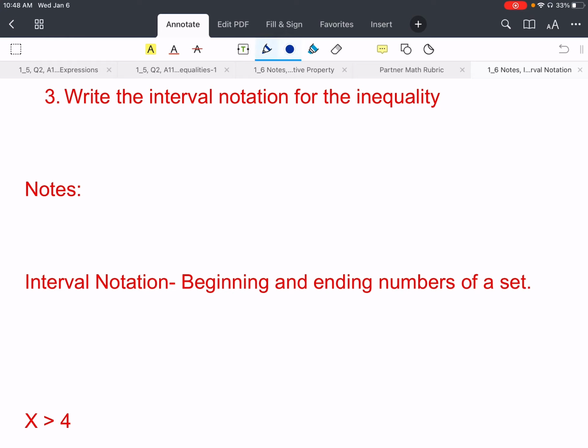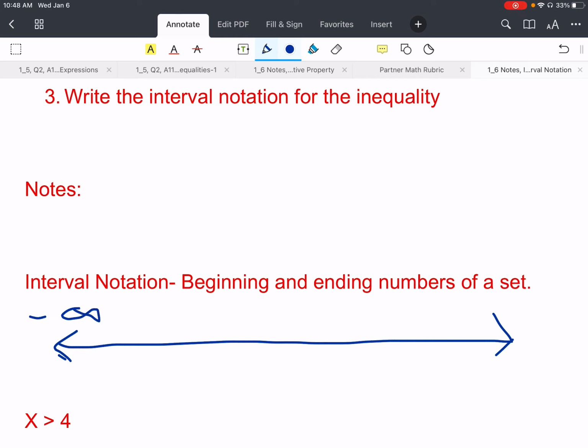So what this means is if we had a number line that covered all of the possible numbers, we would, here on the left, all the way to the right, the smallest number possible would technically be negative infinity.